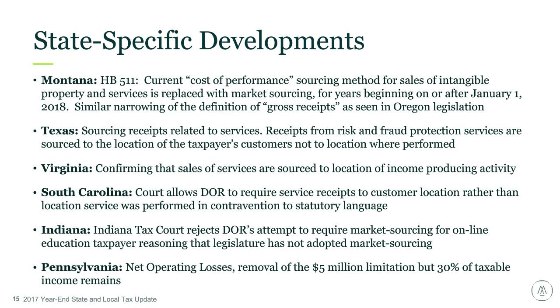In other words, the customer location. And this case went all the way up to the South Carolina Supreme Court, and the South Carolina Supreme Court agreed with the Department of Revenue's position that the relevant income-producing activity in these transactions was occurring at the customer location when the customer transacted for the satellite TV distribution service.